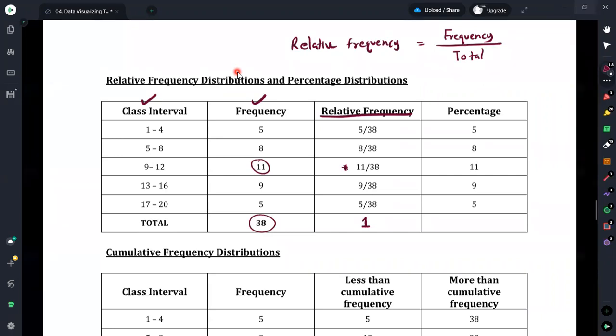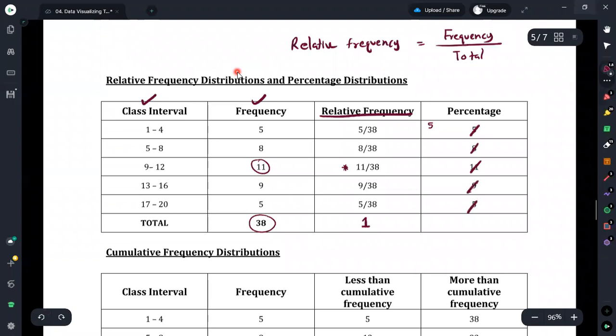And then we can calculate the percentage values. The percentage can simply be obtained by multiplication: the relative frequency multiplied by 100%.